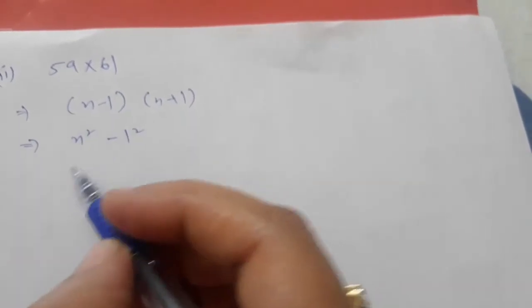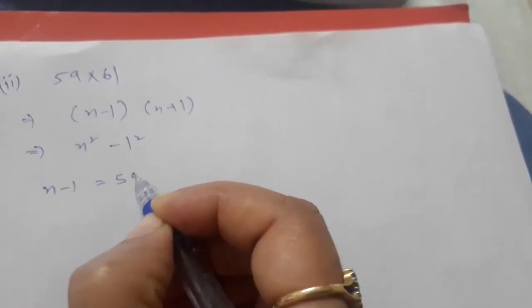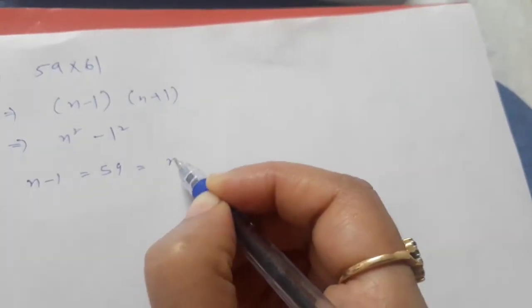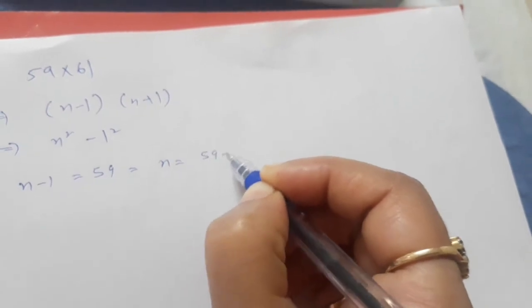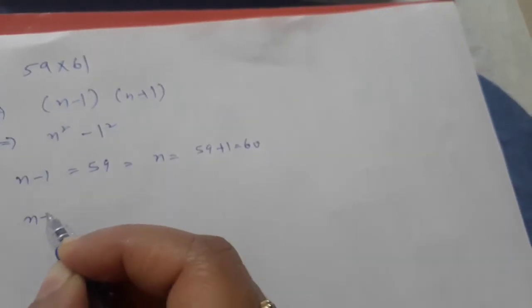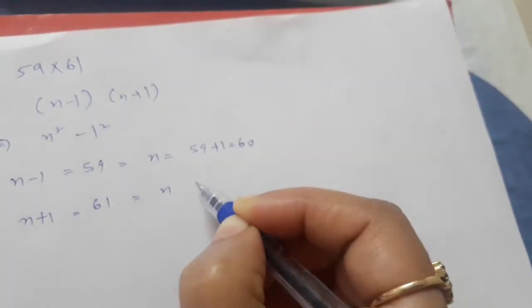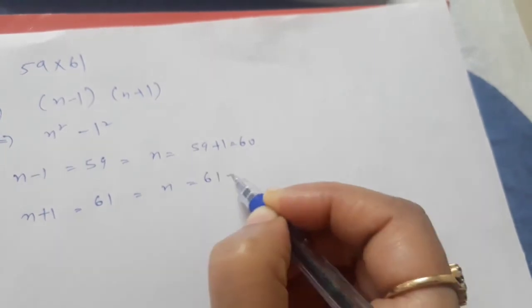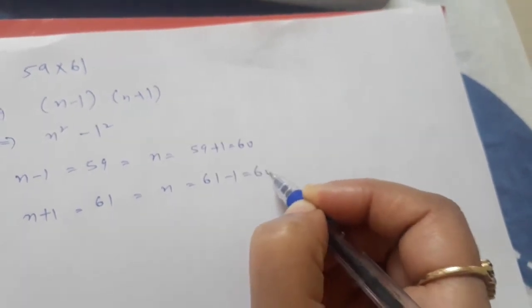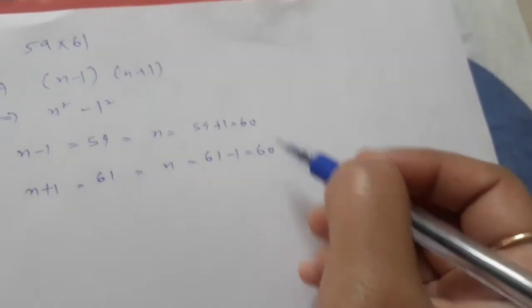So equate n minus 1 with 59, which would be n equal to 59 plus 1, that is 60, and equate n plus 1 with 61, that is n equal to 61 minus 1, which would be equal to 60. So here n, or number, is 60.